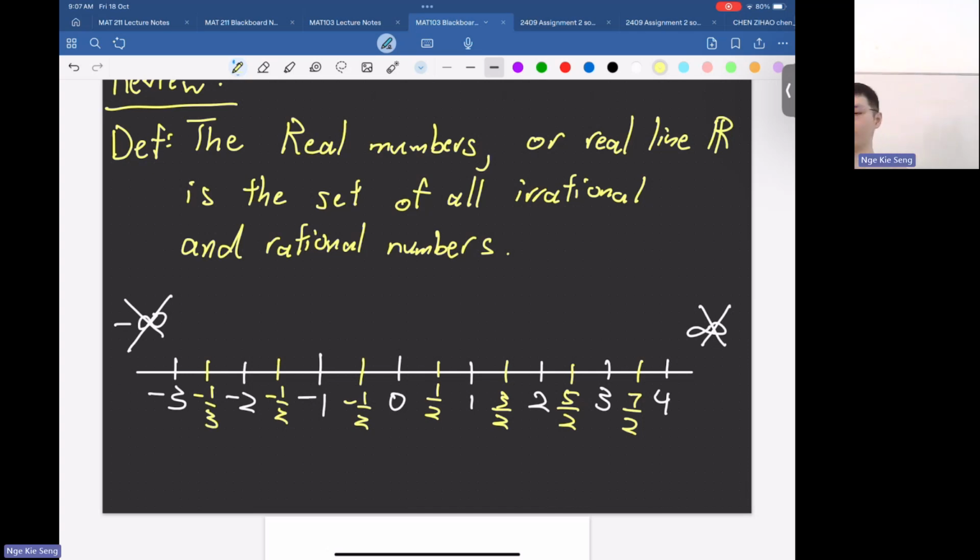How about 小本呢? What else you think is inside here? Sorry? What irrational number you know? What? You don't know? You say you want to add irrational number, but you don't know what is irrational number. What irrational number you know?